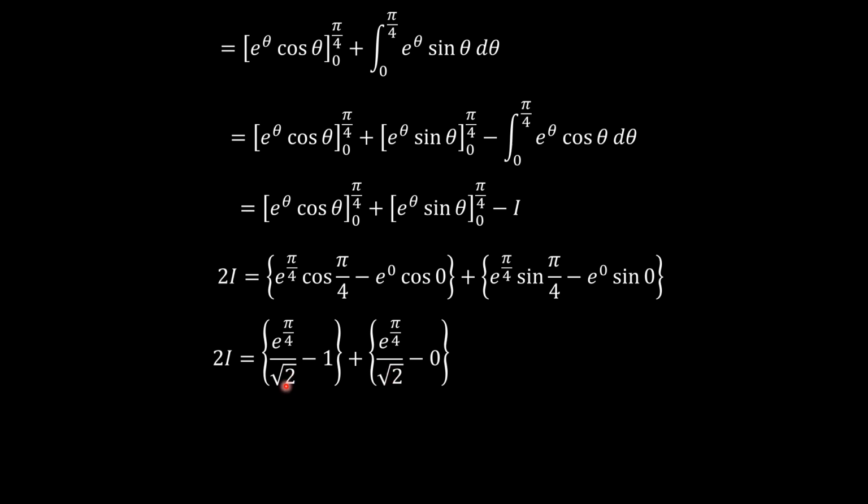Add this together, we get 2 of them. And so we have 2 times e to the pi over 4 over root 2 minus 1. Divide both sides by 2. That means that now we have I being equal to e to the pi over 4 over root 2 minus a half.